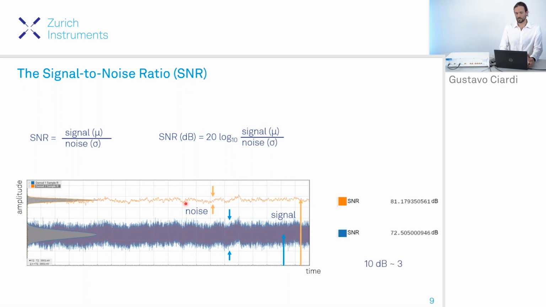Indeed, in this example the signal-to-noise ratio of the blue curve is worse than that of the orange curve. To give you an idea of the orders of magnitude, 10 decibels is roughly a factor of 3 in terms of signal amplitude for the linear signal-to-noise ratio.